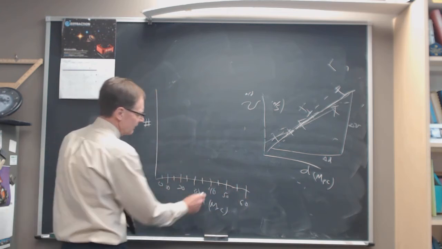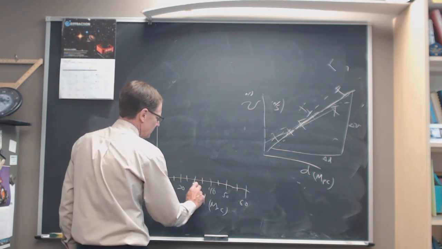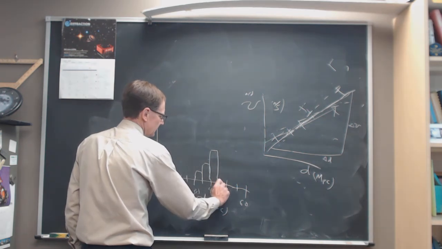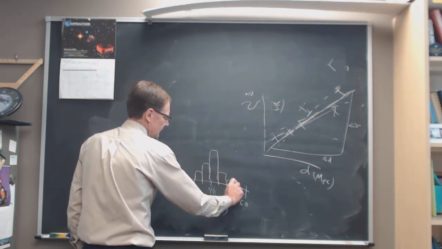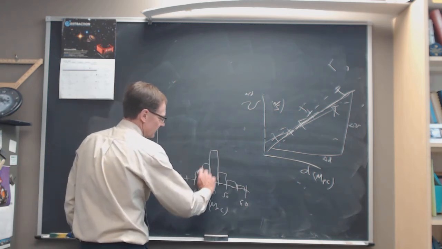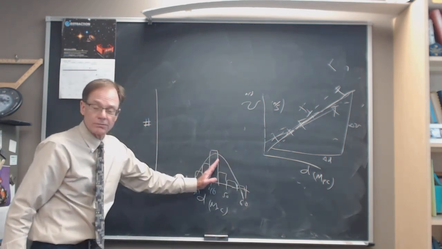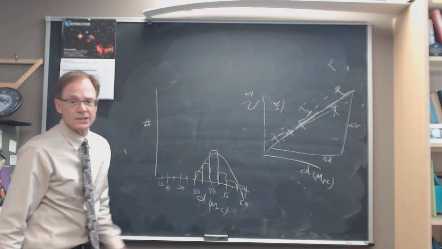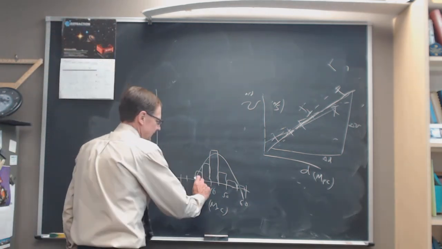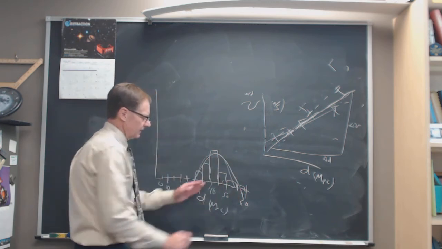Okay, and so you might find that they all fall between, it looks like this. And you get a nice clump right there. And so that's telling you this distribution is centered right here, and you can measure that center. And one of the things you could do is go in and fit a Gaussian to this distribution.